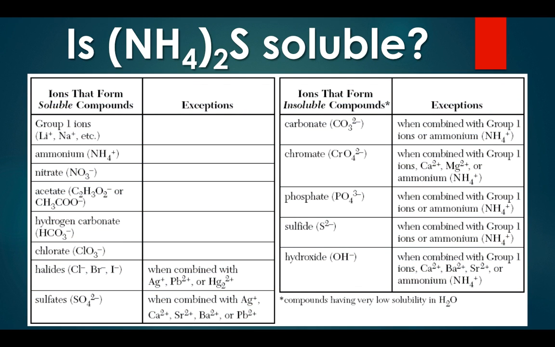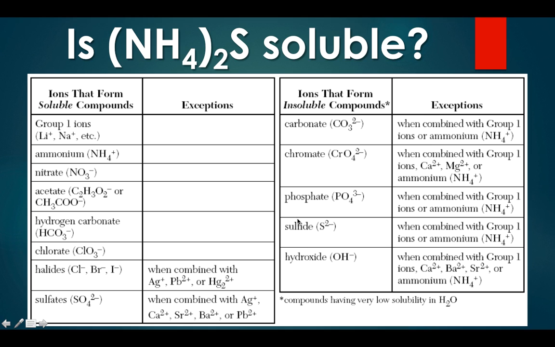Whew, that looks like a big one, right? Well, don't fret, because we're going to look at this compound in pieces. Here we have NH4 and we have S. If we look at Table F, the right box lists sulfide ions as forming insoluble compounds, right down here.